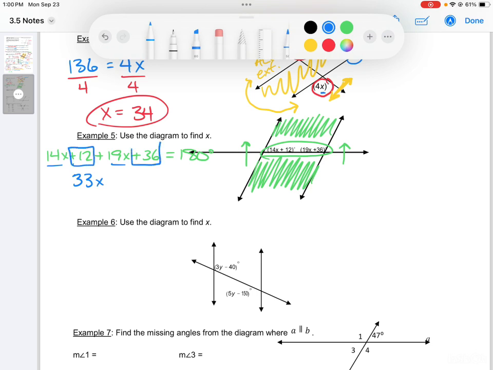And then my whole numbers, 12 plus 36, is 48. And again, that all equals 180. So I'm going to subtract 48 from both sides because I'm trying to isolate x, and I get that 33x equals 132.